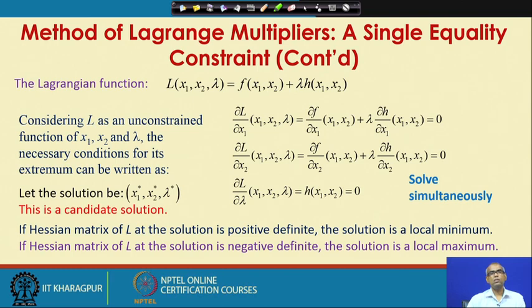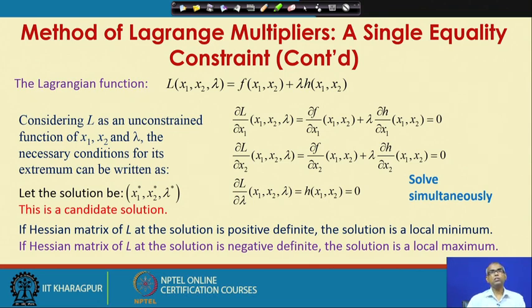Also take the partial derivative of the Lagrangian function with respect to the Lagrange multiplier, set that equal to 0. So, the solution of these equations will give you the candidate optimal points.